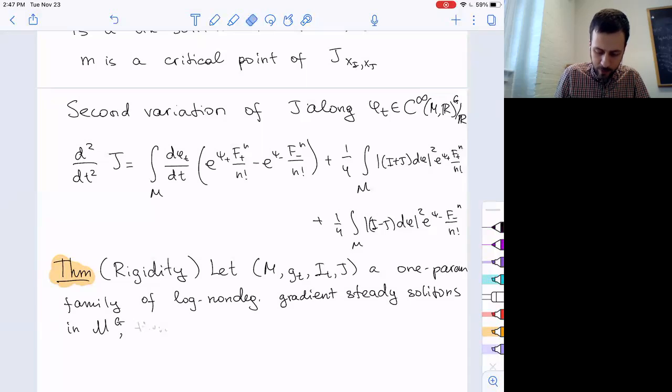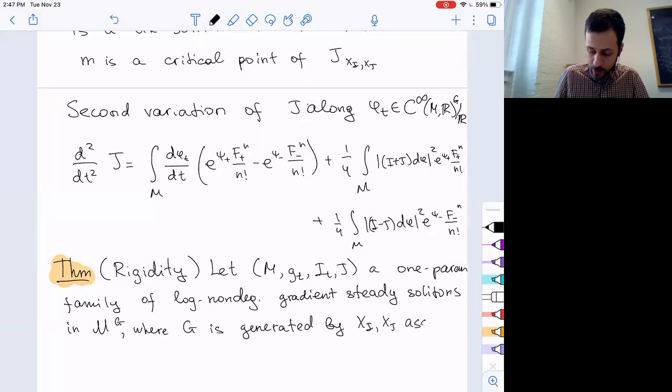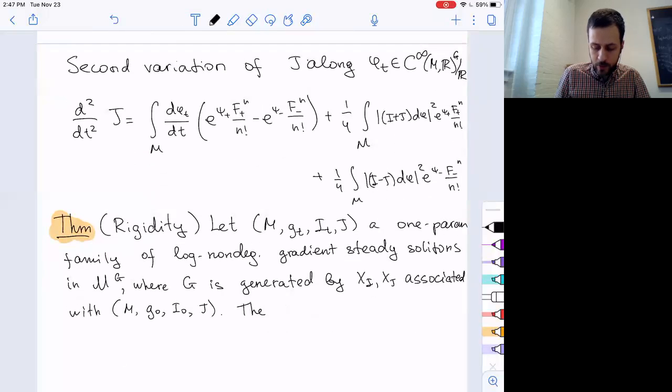Okay, maybe let me be a bit more careful, where G is generated by these two vector fields xi, xj, and this time these are vector fields associated with the initial soliton M, G0, I0, J. So the conclusion is that this variation is stationary. So you cannot have infinitesimal variations of the soliton in a fixed class.